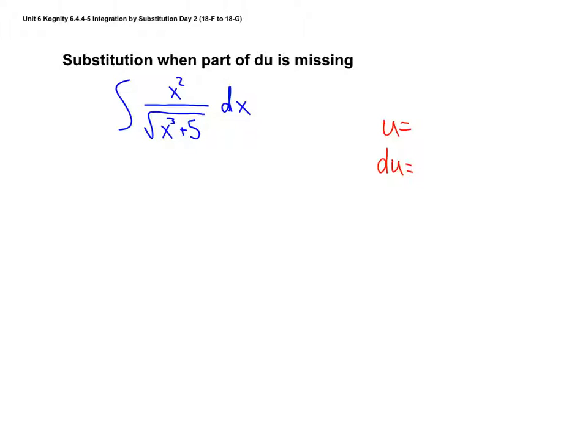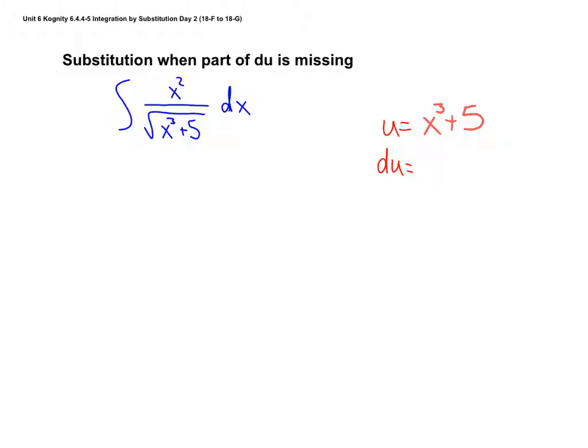But if I were taking the integral of x squared over the square root of x cubed plus 5 dx, what would you say is u? Yeah, u is x cubed plus 5.